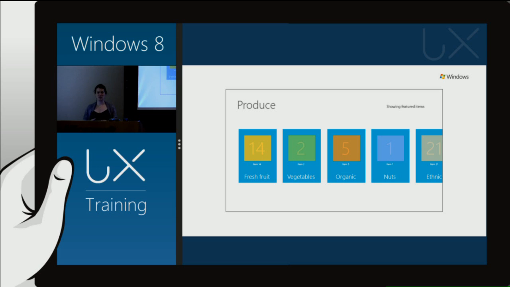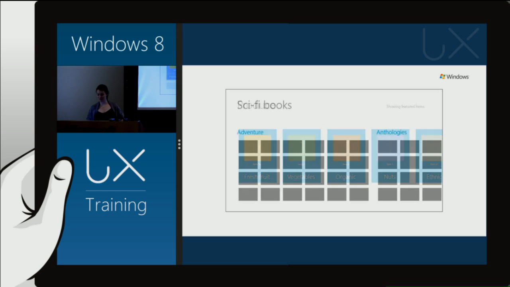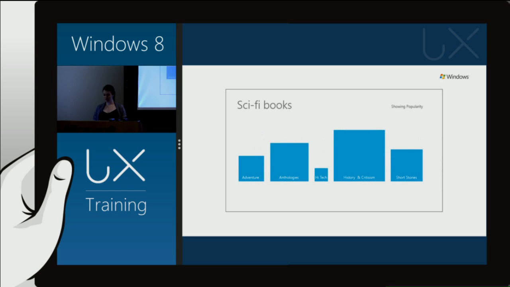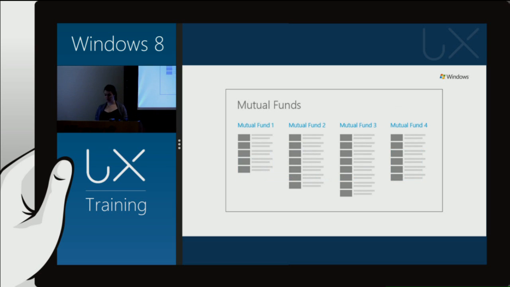Really incentivize the user to jump to nuts or vegetables, which might be healthier. Again, another example, let's say you're an ebook retailer and you have a lot of different categories of books. You could show some interesting graphical representations here when you semantically zoom, like the number of books based on the size of the item itself, or the popularity.